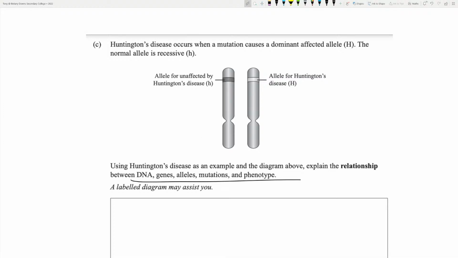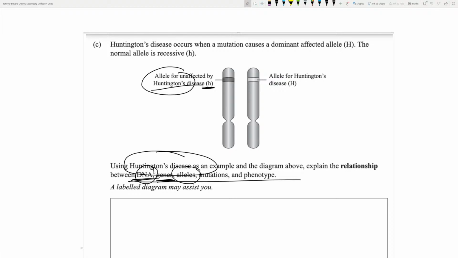So this question again is looking at what's DNA. You need to use this disease as an example. Okay, so you need to understand DNA contains all of the genetic information, whereas a gene is a section of the DNA that codes for one characteristic. In this case, do you have Huntington disease or not? There are two different versions of the same gene, which are called two alleles. The recessive allele is not affected by the disease, and then the capital allele, the dominant allele, is affected by the Huntington disease.